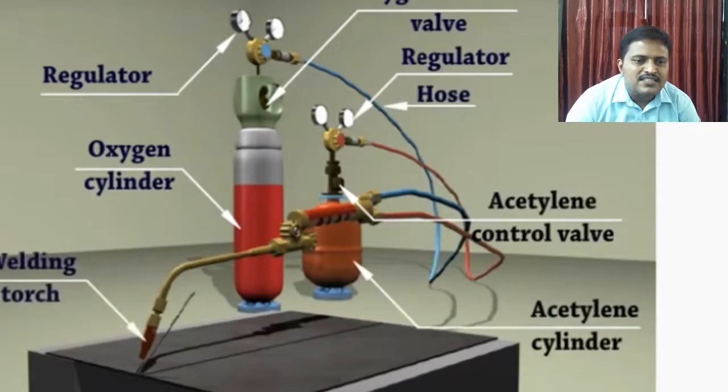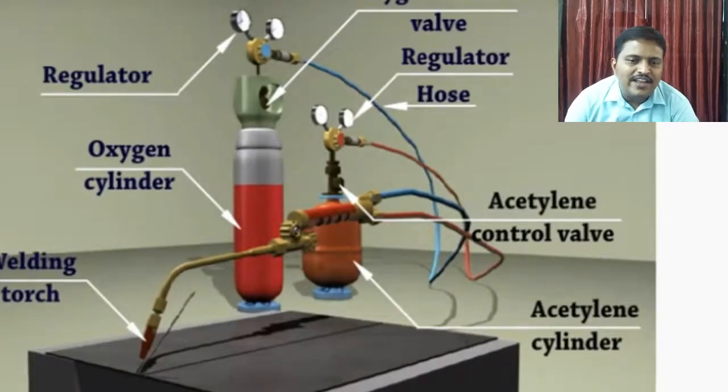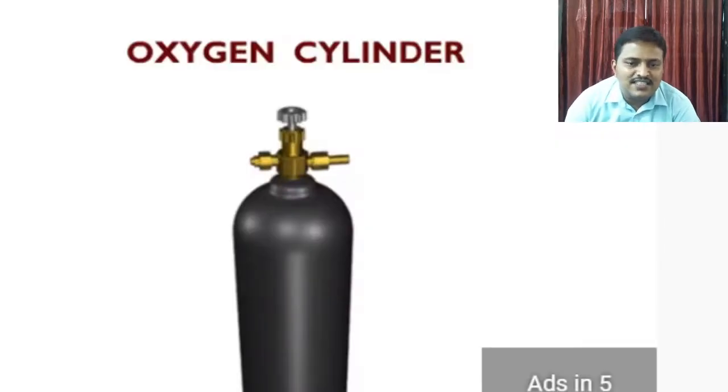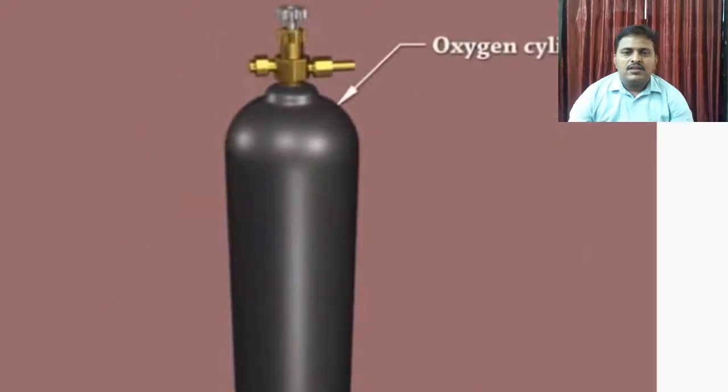There is a welding torch to which the hoses, the pipes, are connected. The oxygen cylinder is black in color, and the regulator is fitted to the oxygen cylinder.